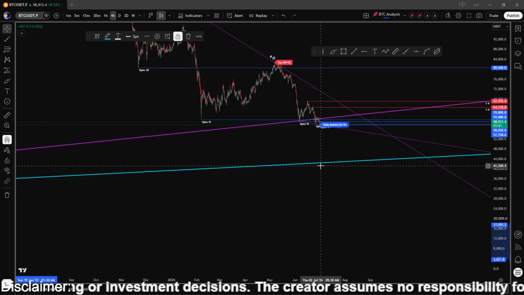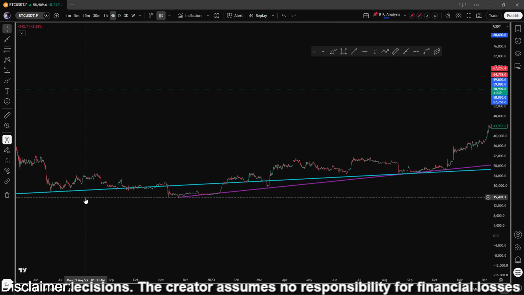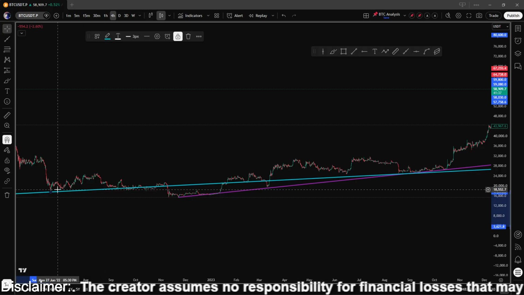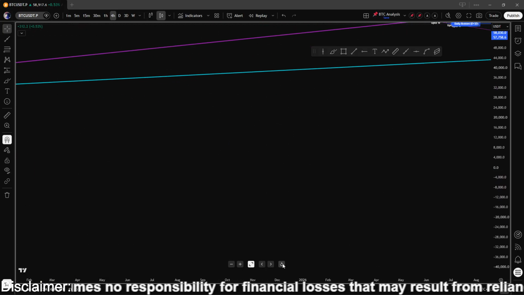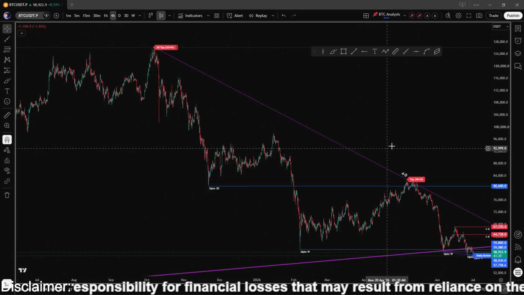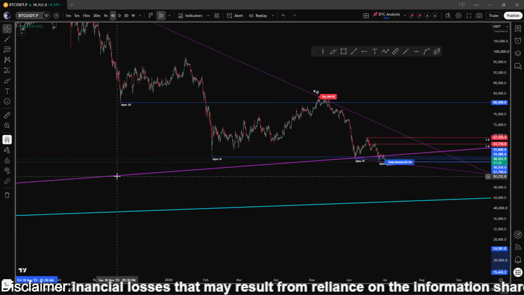But based on the two lines which I have outlined, this one indicates the next bottom is possibly this level. Okay, this level.